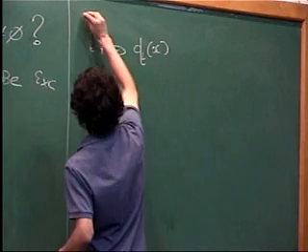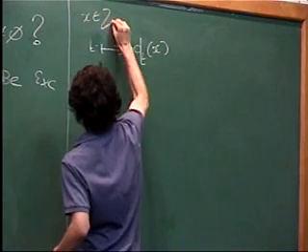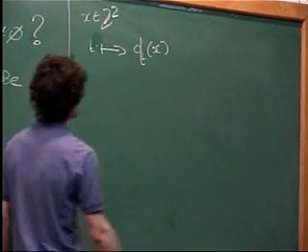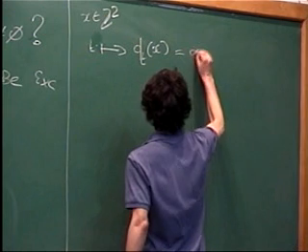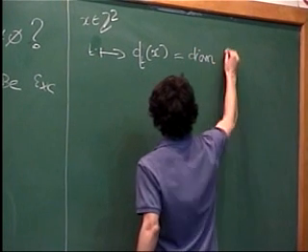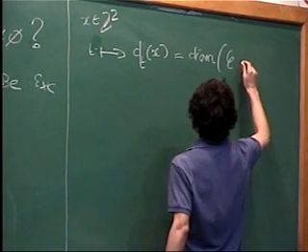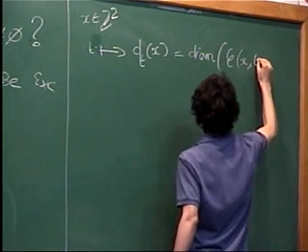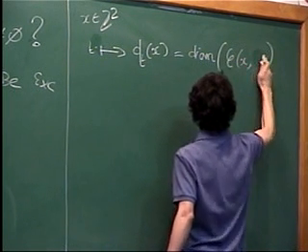So take some x in Z^2, for instance, and look at the function which gives you the diameter of the connected component at the site x at time t, so for omega_t.